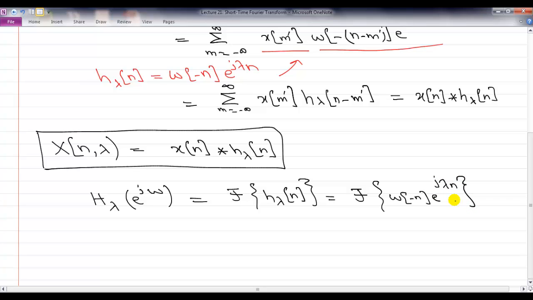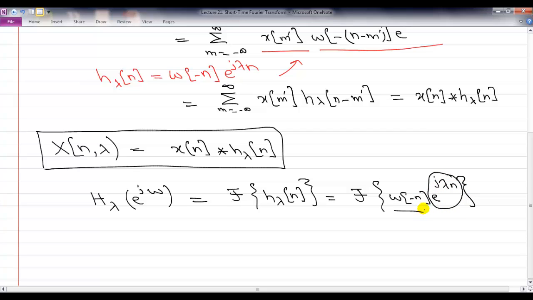What is the Fourier transform of this thing? We are just taking a window and, what is this operation? This is the modulation operation.